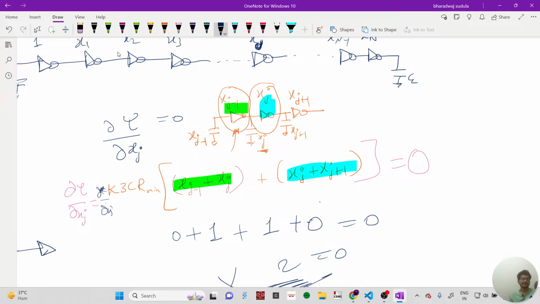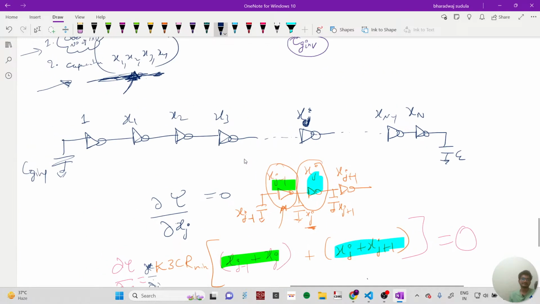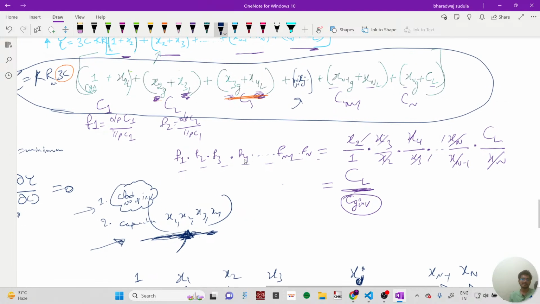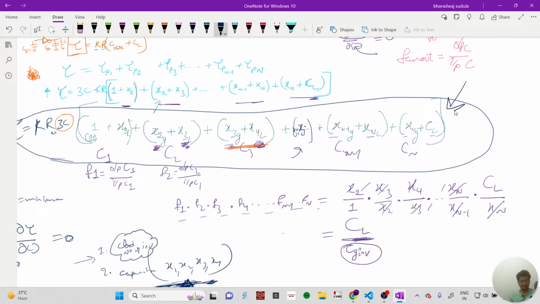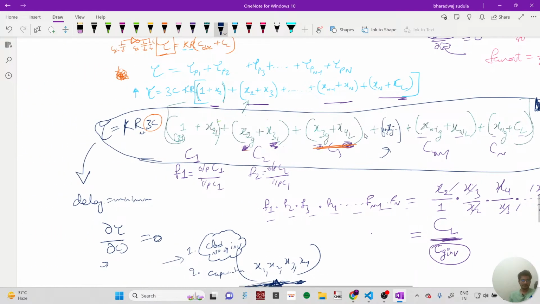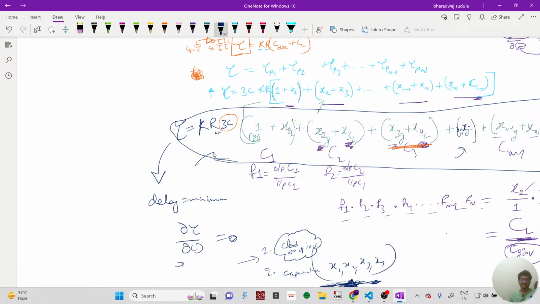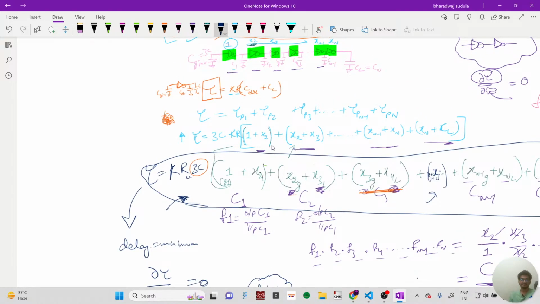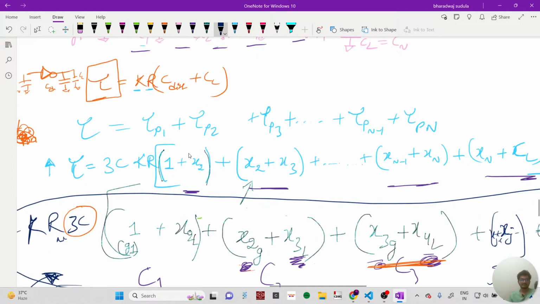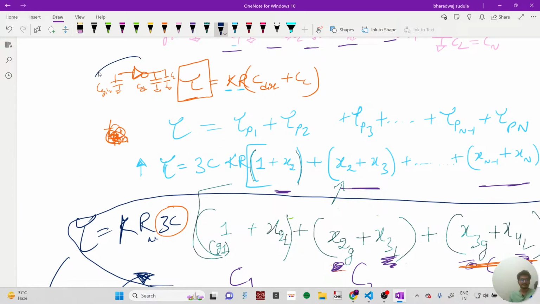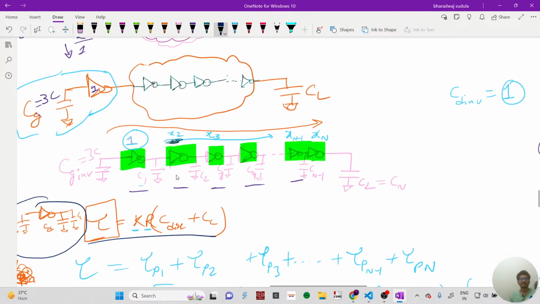So what we do is a small mathematical manipulation to this expression. From where did this expression originate? Let's say there is only one inverter. I have this expression, time constant kr, diffusion cap plus load cap, and I have n number of inverters.